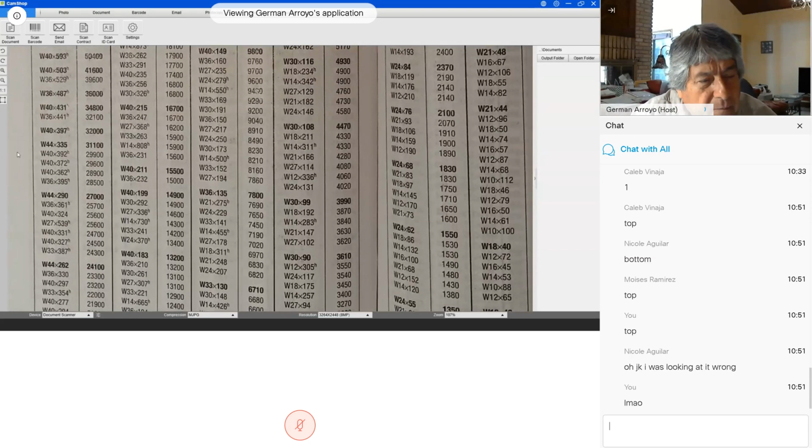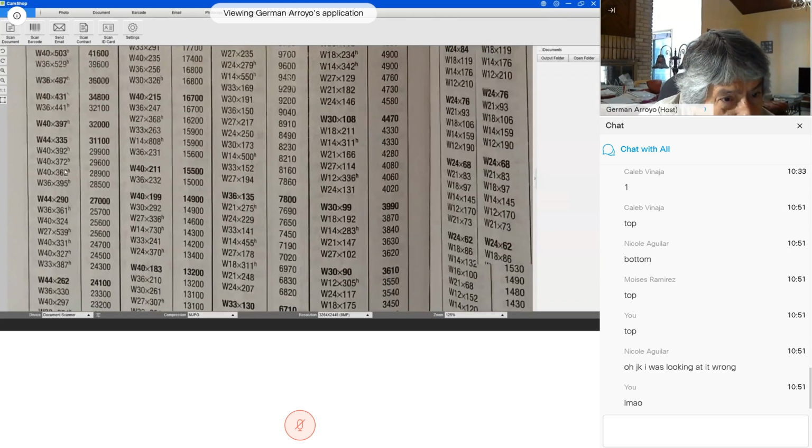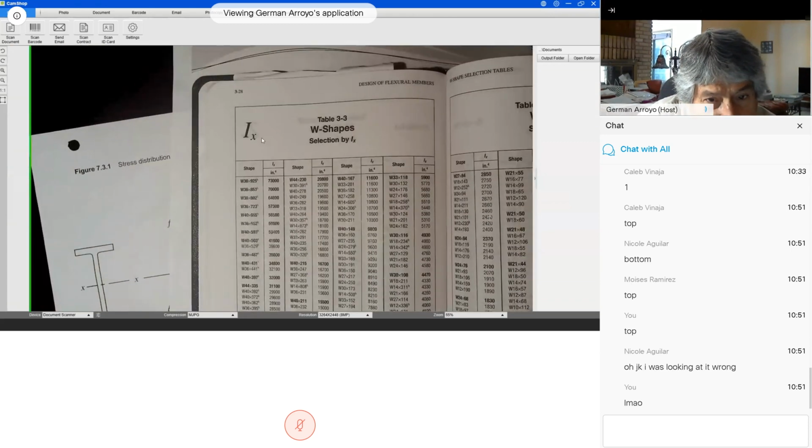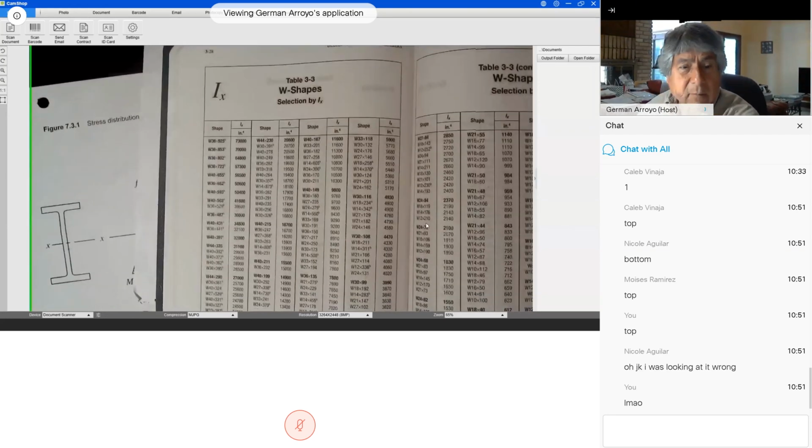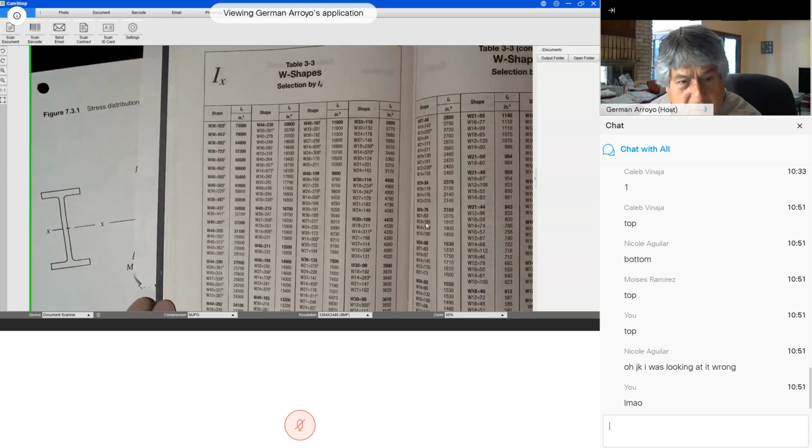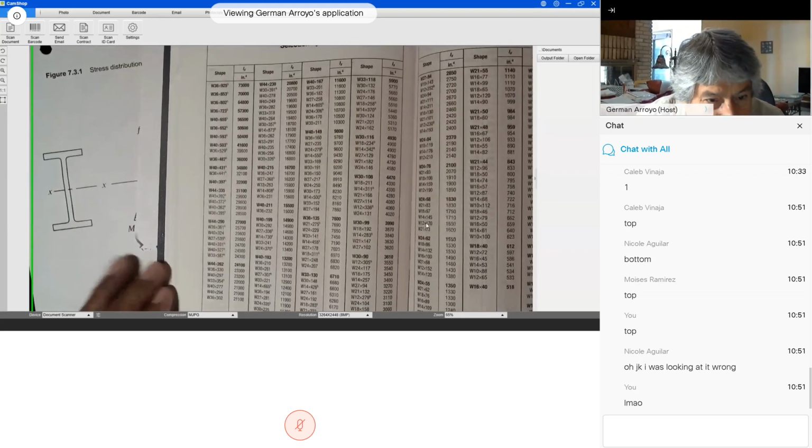This is the same way that the previous table was organized, but this table is for Ix. Right? And in here, they give you Ix, another group, Ix, Ix. The only thing that you get in here is the moment of inertia. So I'm going to look at this group in here.